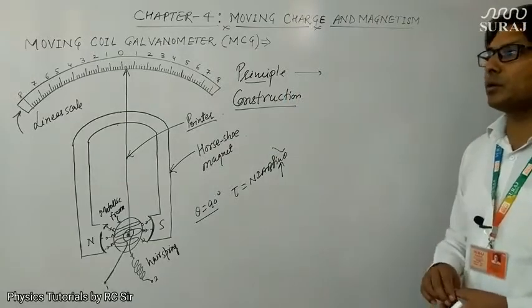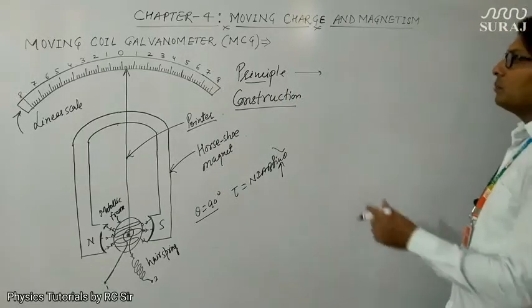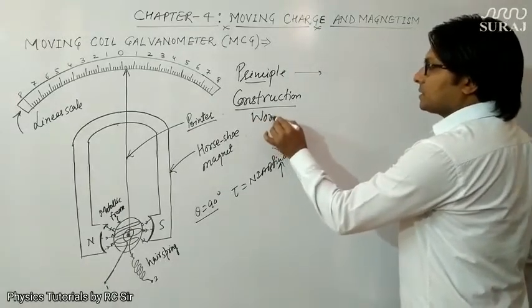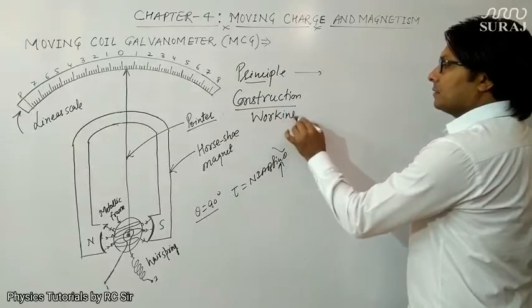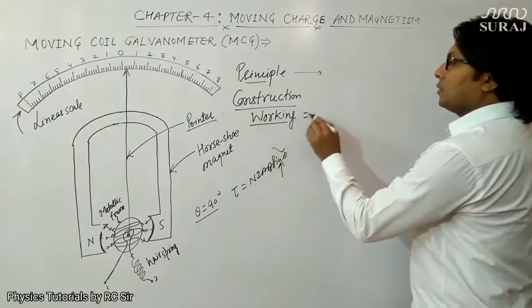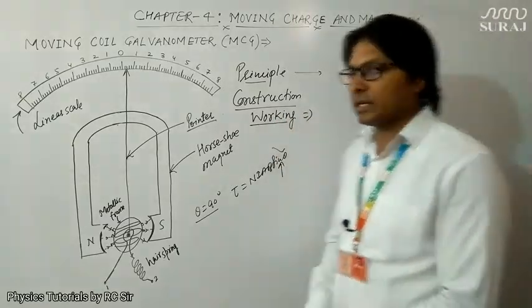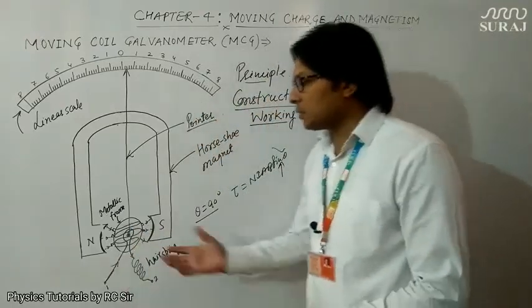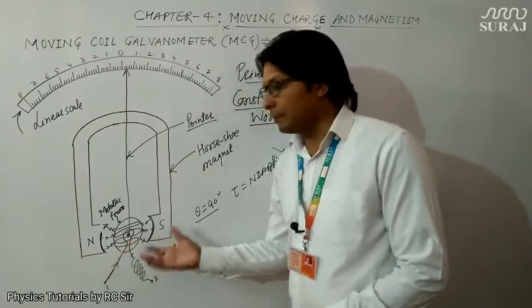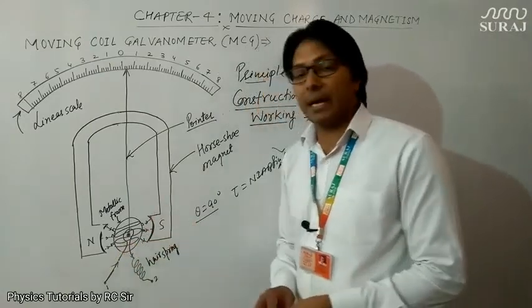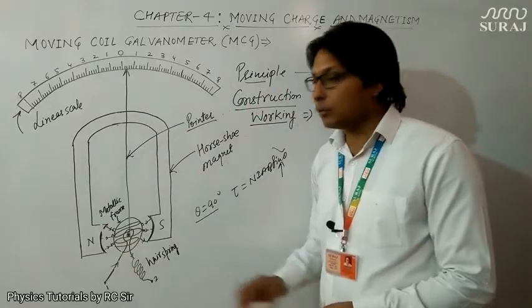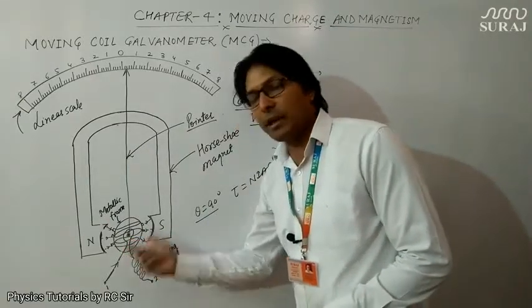Now we are coming to the working of this moving coil galvanometer. So far as working is concerned, as soon as we flow the current through this coil, and since this coil is placed within the magnetic field provided by this horseshoe magnet, it starts deflecting.